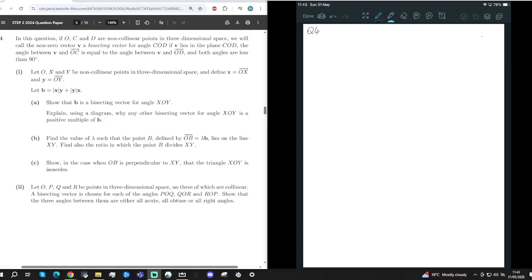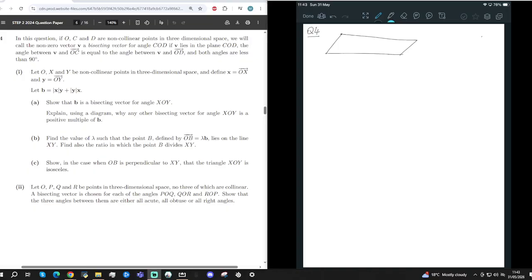In this question, if we've got non-collinear points C, O, D in 3D space, we're going to call a vector a bisecting vector of the angle if it lies in the plane COD and the vector bisects the angle OCD, and both angles are less than 90. Okay, so a couple of things to break down there, and it's worth considering all this before you really start the question.